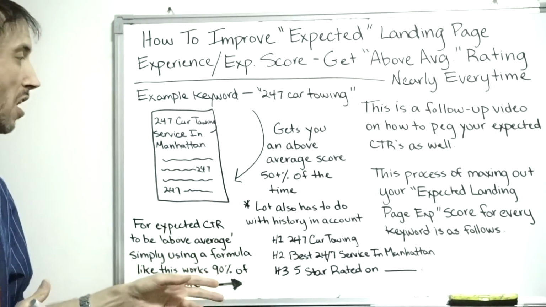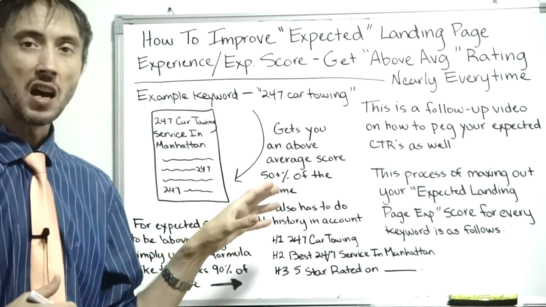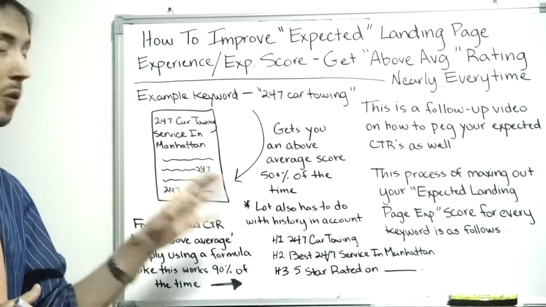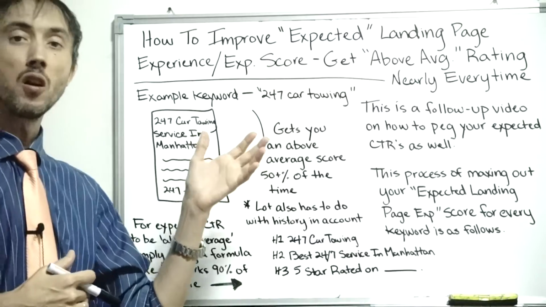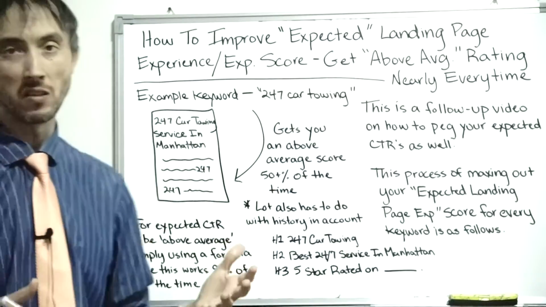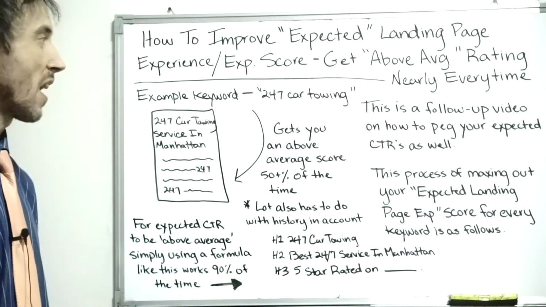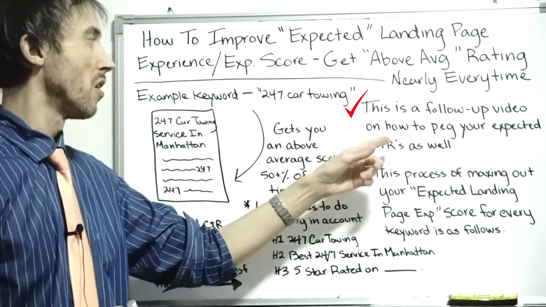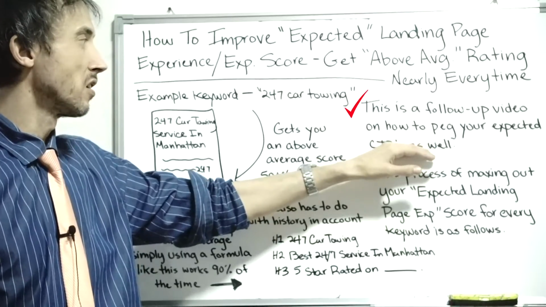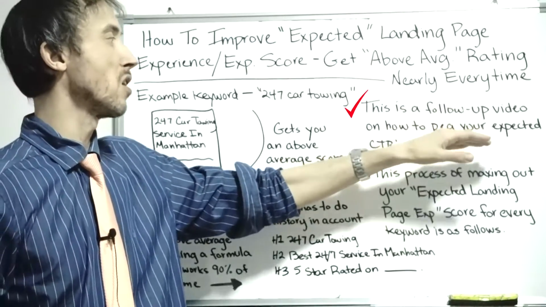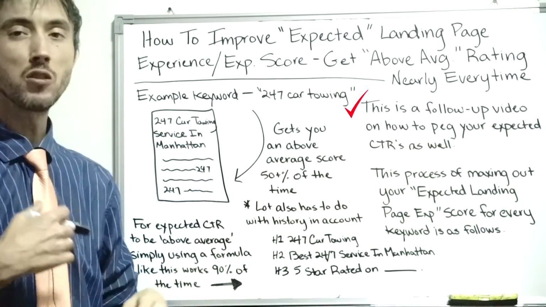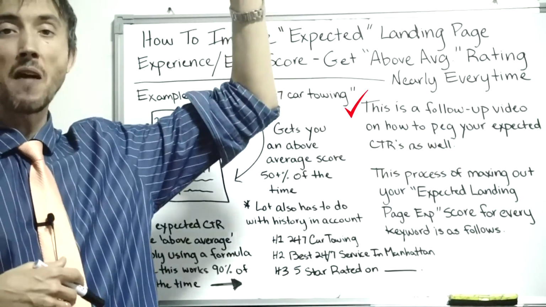I am also going to talk about how to get the expected CTR to where you're going to get that above average every time, or nearly every time as well, just as a bonus, if you will. So with this said, this is a follow-up video on how to get your expected click-through rate up above average every time.